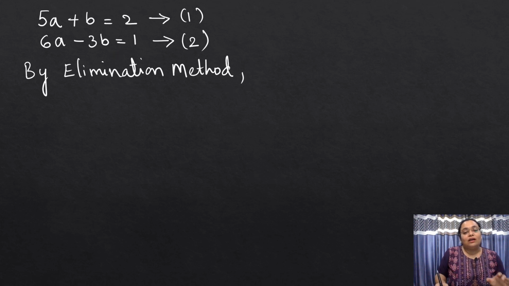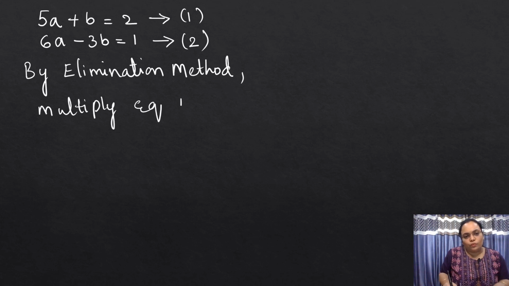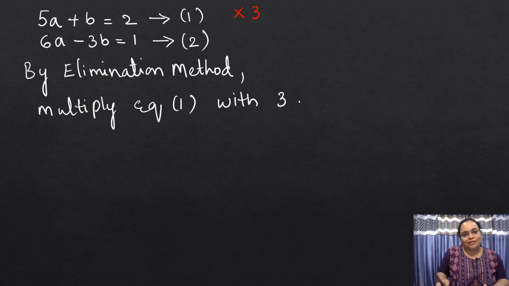To make the coefficients of variable b equal, we will multiply equation 1 with 3.